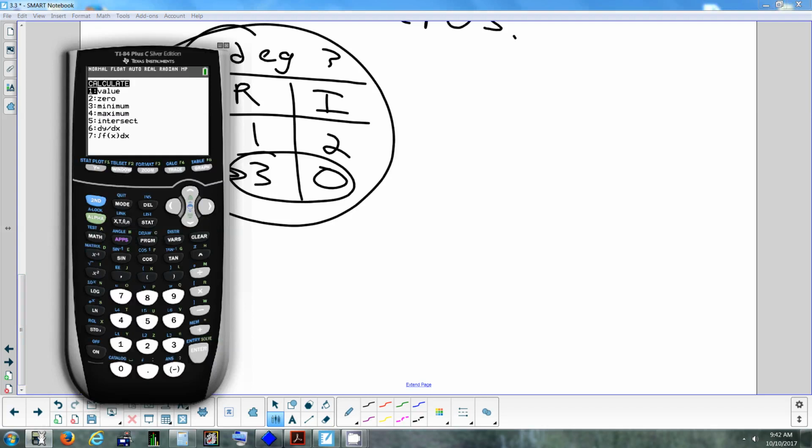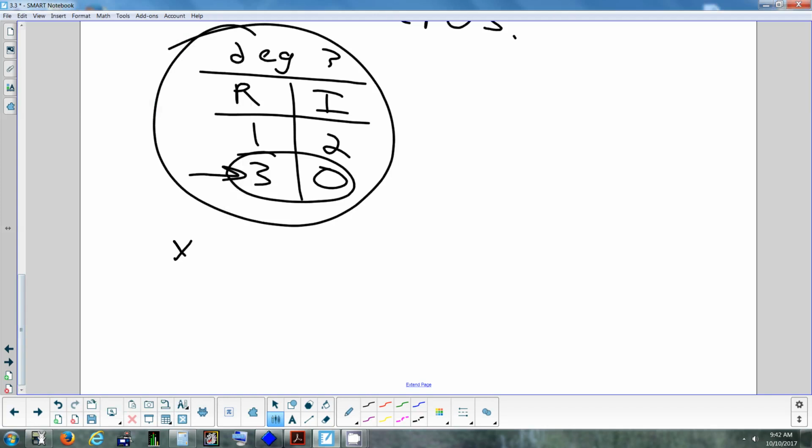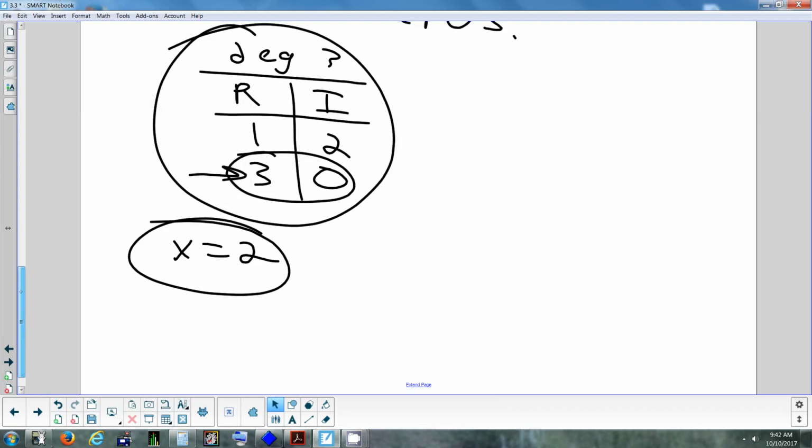But in this case, they just want us to find the root. So pick a point left, pick a point right, and do our guess. Okay, so we get x equals 2. That's our root.